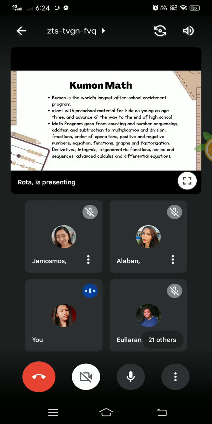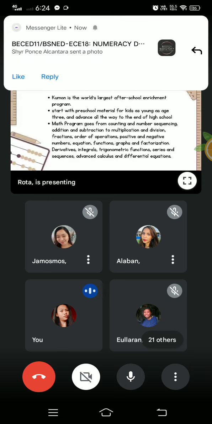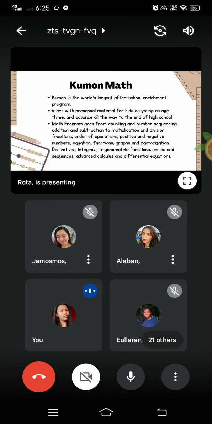The program goes from counting and number sequencing, addition and subtraction, to multiplication and division, fractions, order of operations, positive and negative numbers, equations, functions, graphs, and factorization, derivatives, integrals, trigonometric functions, series and sequences, advanced calculus and differential equations.